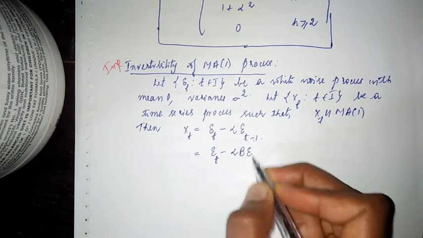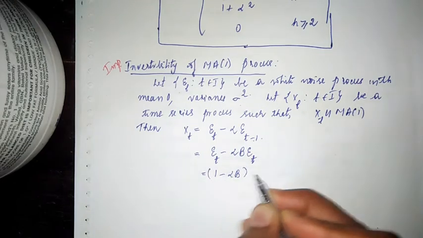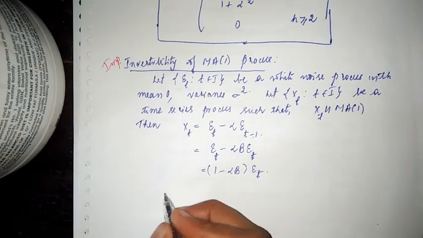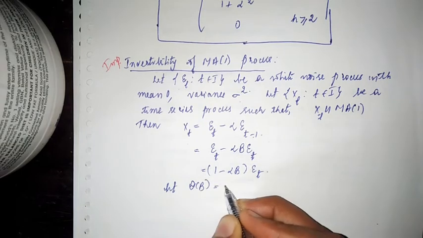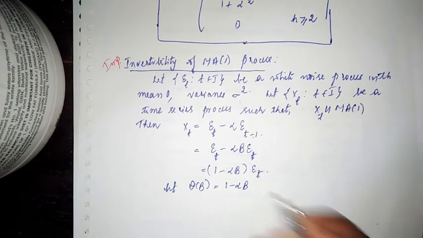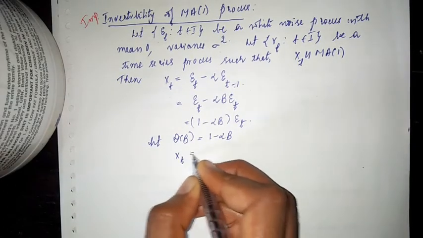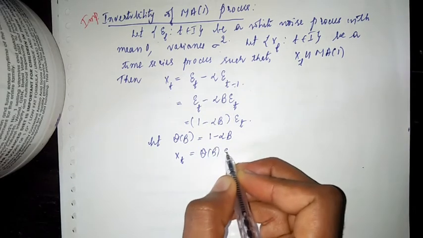So it is B epsilon t. So I can take epsilon t outside. So this is the expression. So let theta of B is equal to 1 minus alpha B. So now I can write it as xt is equal to theta of B epsilon t.